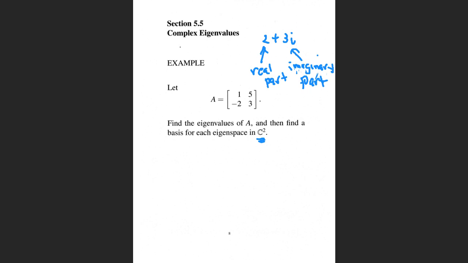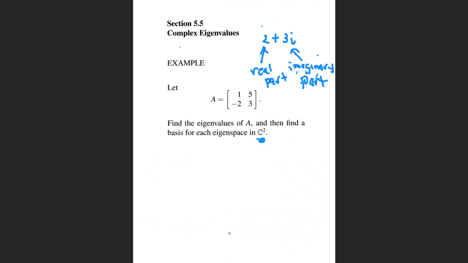Okay, so what do we have to find first, the eigenvectors or the eigenvalues of this matrix A? That's right, Mikhail, eigenvalues.